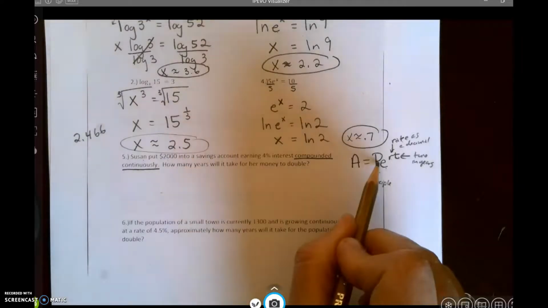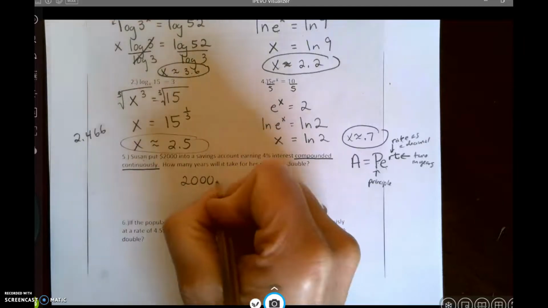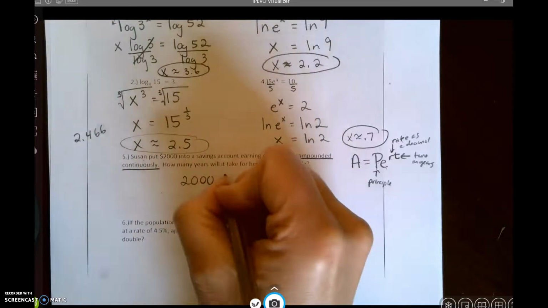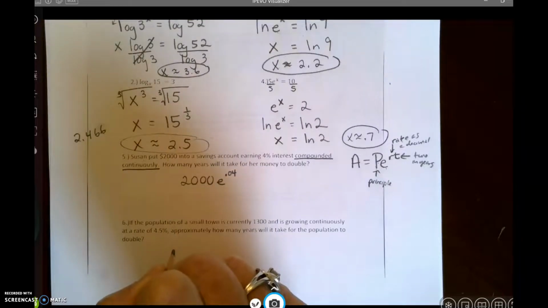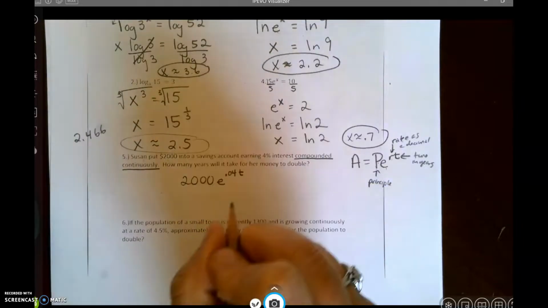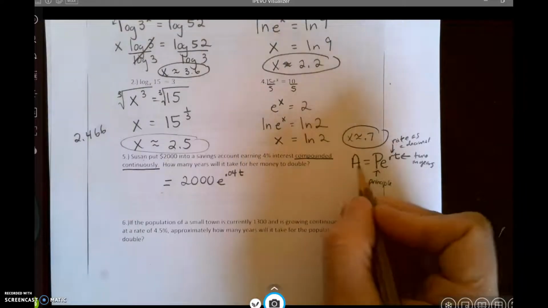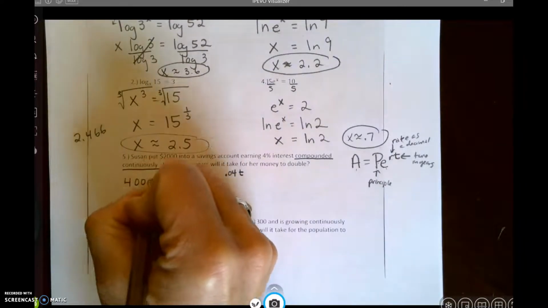That's her principal amount, so $2,000. e, the rate is 0.04, and we don't know the time. But we know the amount. We want her money to double, so we'd want this to be 4,000.